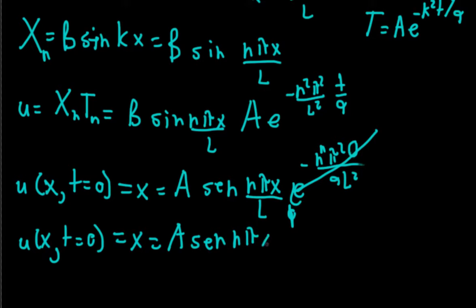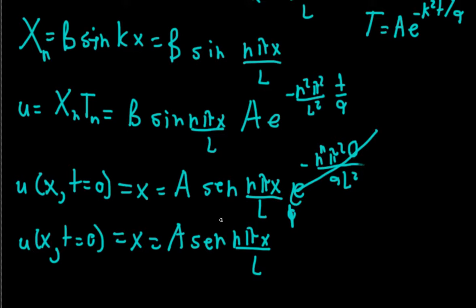Sorry if I'm using the wrong pronunciation, I learned it in Spanish. Well, whatever, you know which function this is, it's just the sine function. But anyway, look at this. We're saying that the initial function is equal to a trigonometric function. That cannot be. That makes no sense.